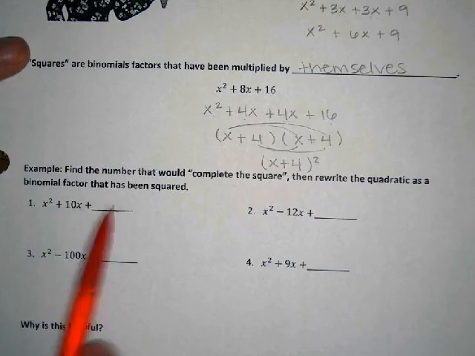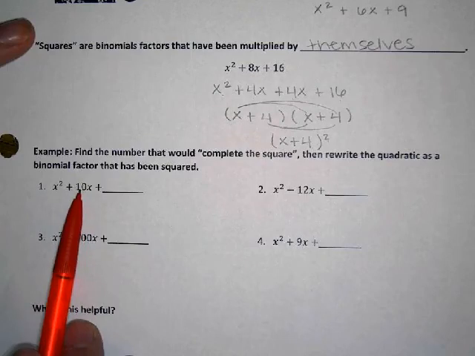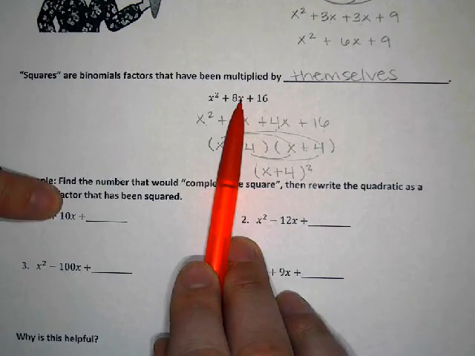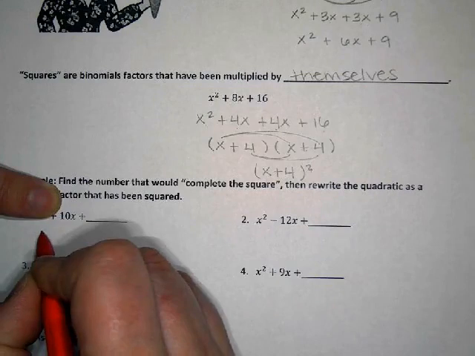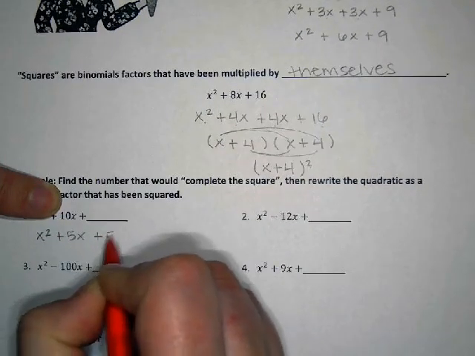So if we had x squared plus 10x, and I was to split this up, like x squared plus 8x, what should the two middle numbers be? 5. So it would be x squared plus 5x plus 5x.